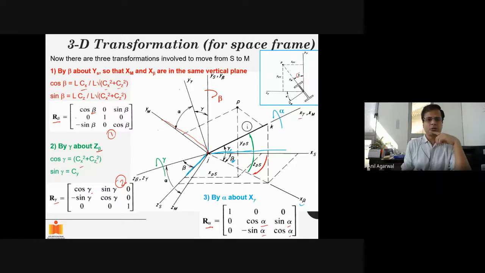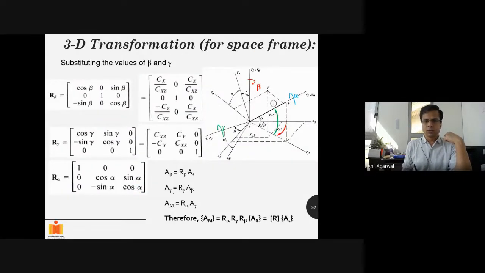Once you get your R beta, R gamma, R alpha, you use them in this order, 1, 2, and 3, to transform the structural coordinate system into the local coordinate system. Basically, a vector that was in the structural coordinate system, you do these three transformations in sequence to get the vector value in the member coordinate system.